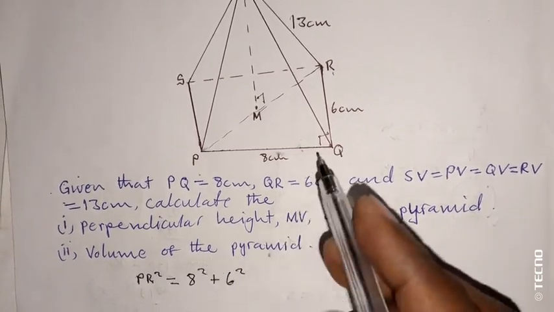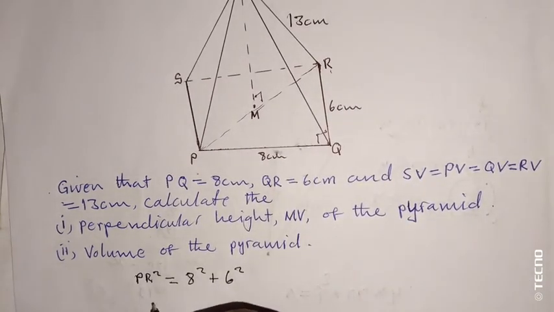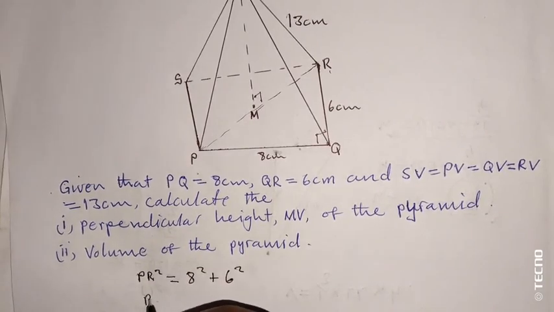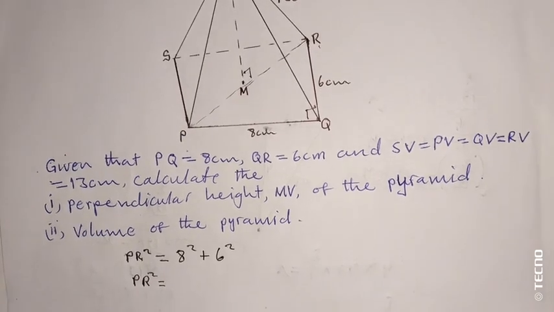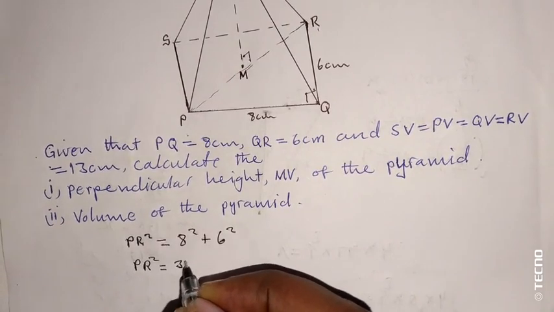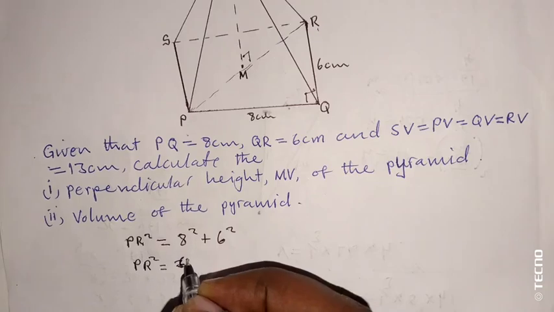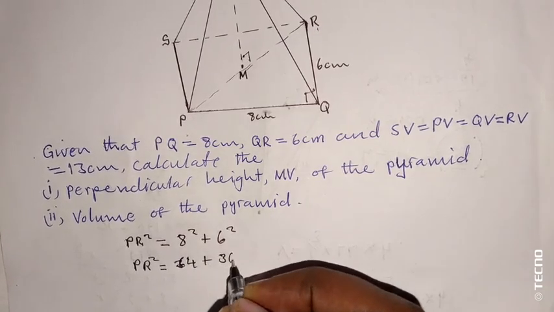This is Pythagoras, this is the hypotenuse, and we have these two sides. So PR squared is equal to 64 plus 36.